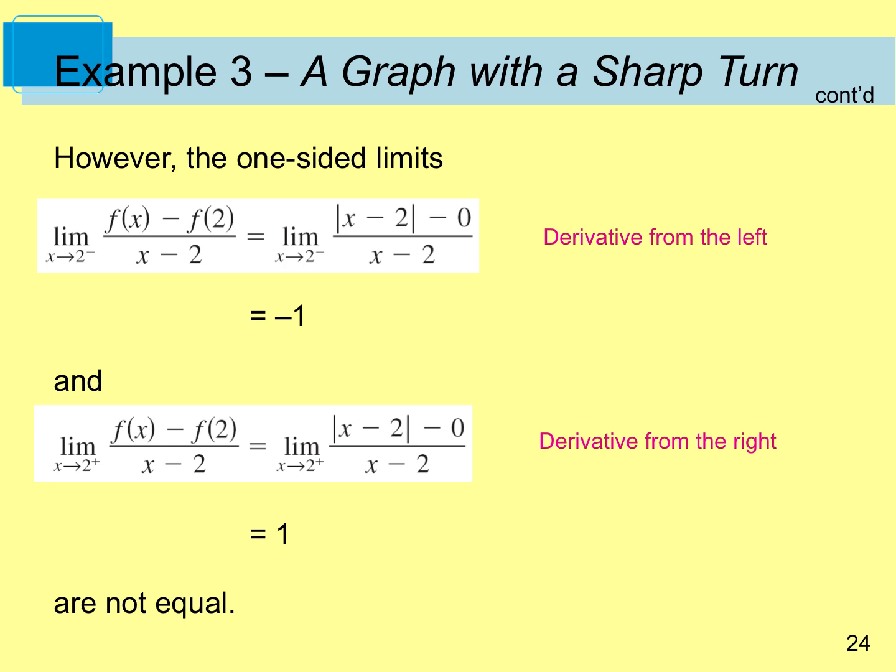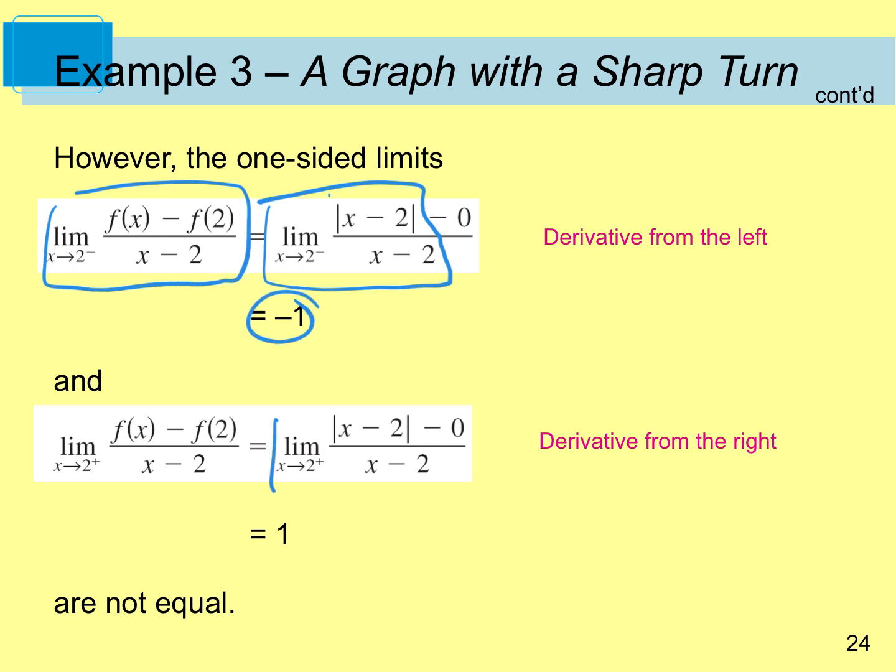So if we used our formula there, the limit as x approaches 2 from the negative direction, we would get what we've been doing, this little formula. We've seen this on the last quiz and test, where if we approach from the negative direction, we'd get -1. If we approach from the positive direction, we'd get +1.